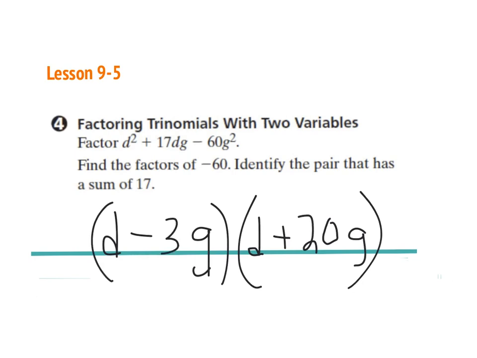So that my outers make positive 20dg, and my inners make a minus 3dg, so that when they combine, they give me that 17dg that's positive, and then when they're multiplied, they give me that negative 60g squared.